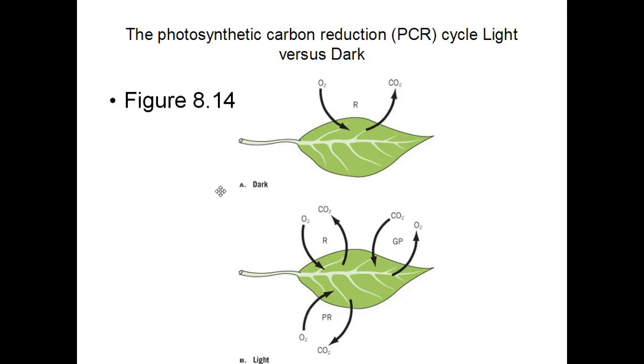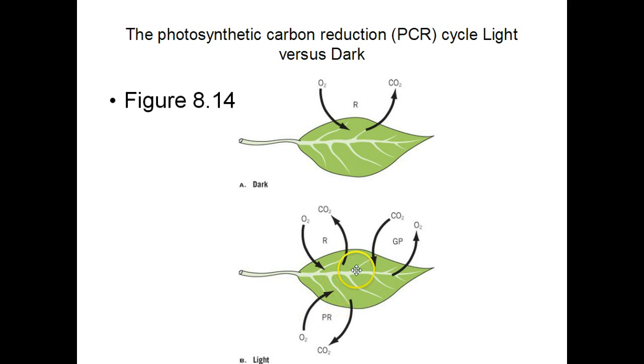Some things about light and dark reactions. In the dark, leaves are taking up oxygen and giving off CO2 through respiration. In the light, it becomes much more complex. We have O2 being taken up and CO2 being given off. We have CO2 going in to the cycle. We have O2 coming out, and then we have the reduction cycle.